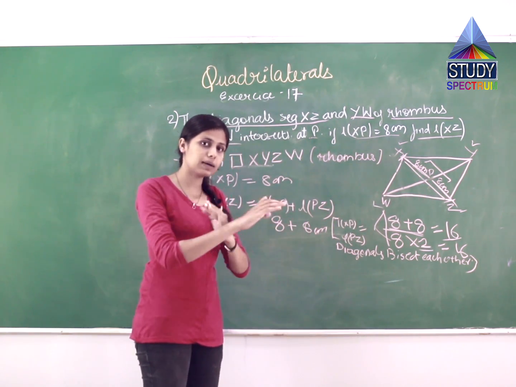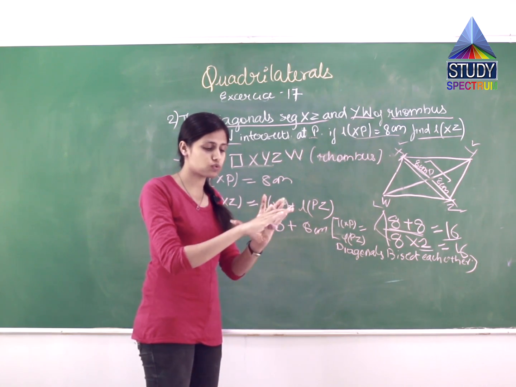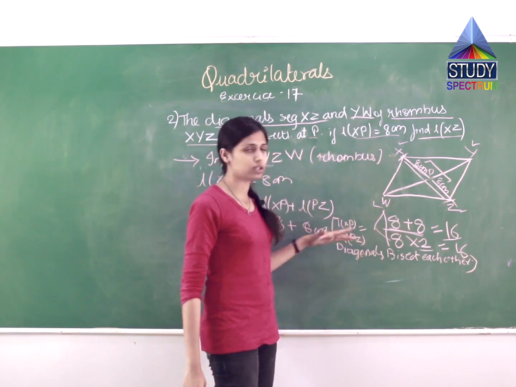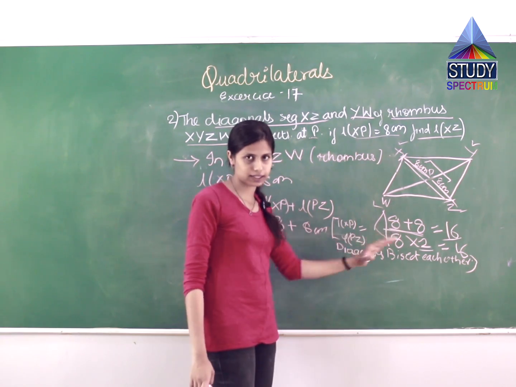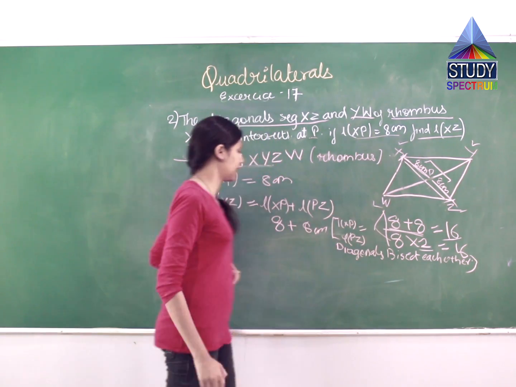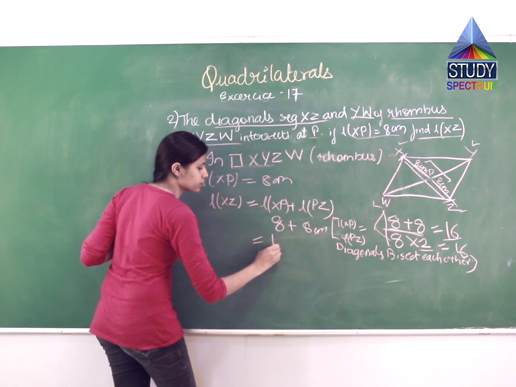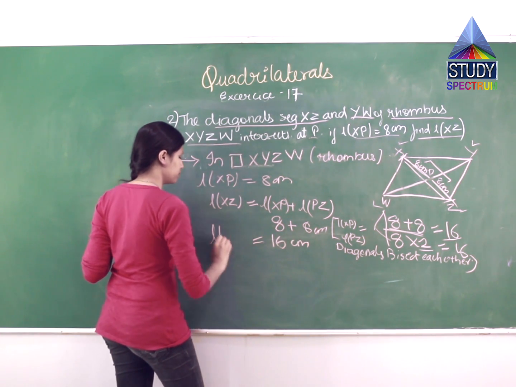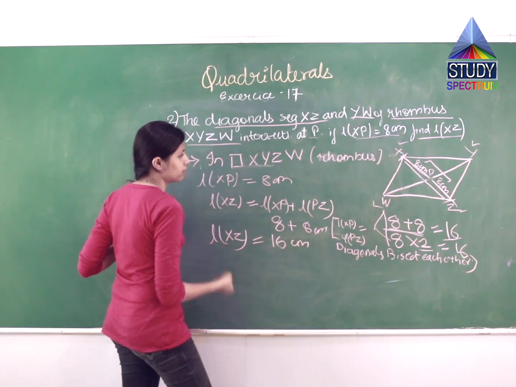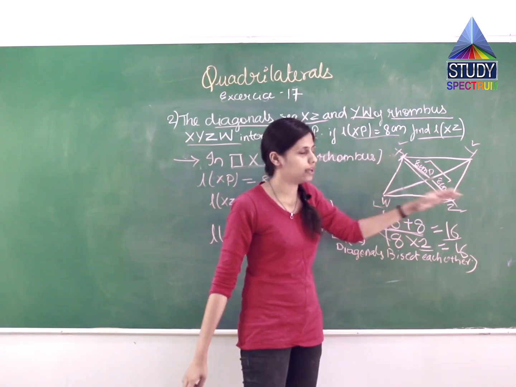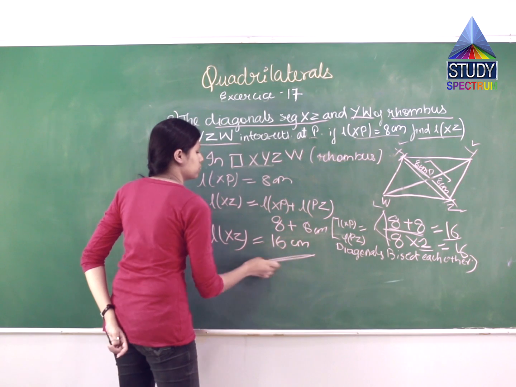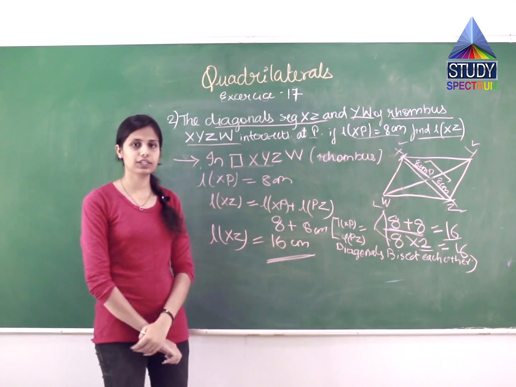Because the diagonals are the bisectors of each other, meaning it divides into equal parts. So you have told this is equal to this because the diagonals bisect each other. So this 8 plus 8 will come to 16 centimeter. And the length of XZ is equal to 16 centimeter. So clear with this question?